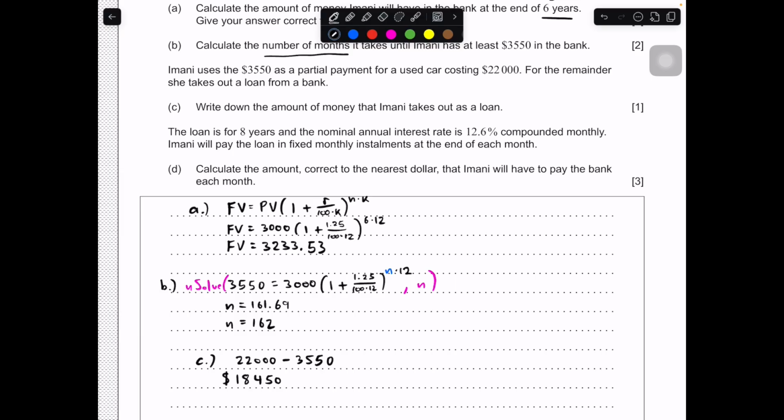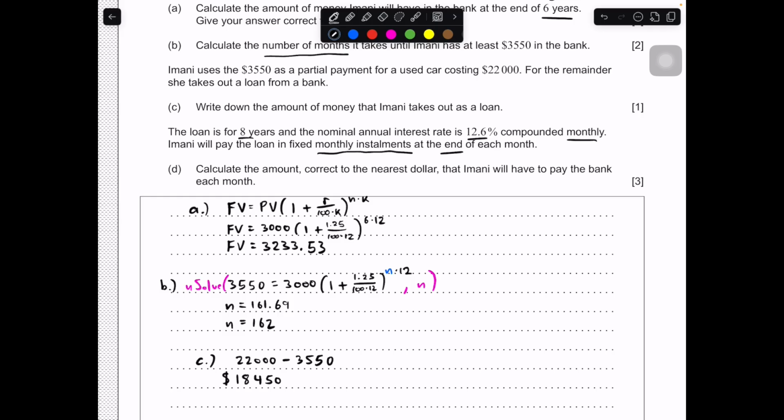Let's go on. The loan is for 8 years, and the nominal annual interest rate is 12.6%, and again, it's compounded monthly. So the loan is for 8 years. Imani will pay the loan in fixed monthly installments, so she'll pay back every single month at the end of each month. Okay.